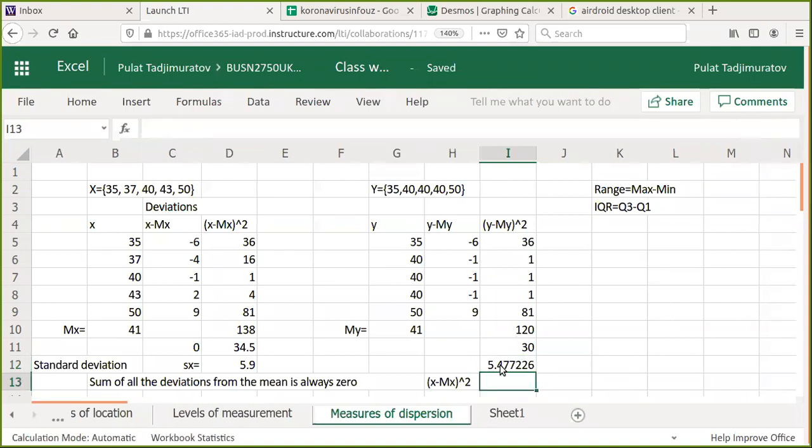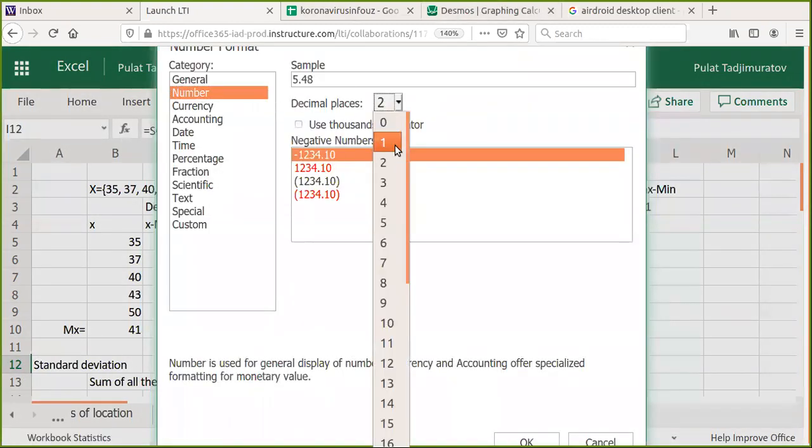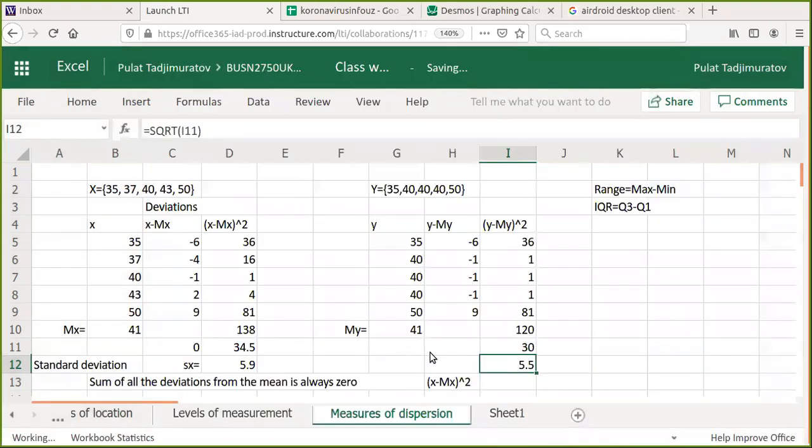So this will be standard deviation for y. So I'll mark it as sy as opposed to sx. So sy is 5.5.